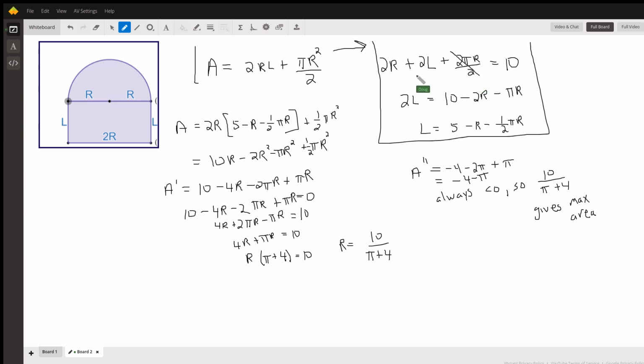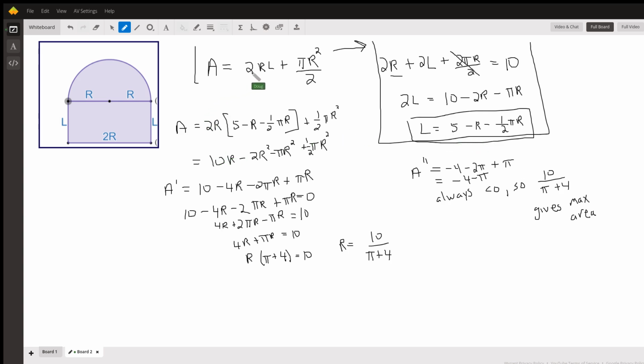So if we solve this equation for L by subtracting 2r and pi r from both sides and then dividing by 2, there's a formula for L in terms of r. We could change the way that looks a little bit, but I'll just leave it like that.